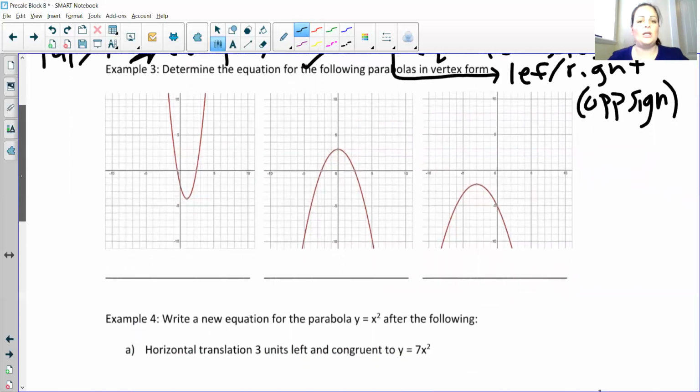Example 3, determine the equation of the following parabolas. Okay. So for this one, you have to look at how much did it move up, how much did it move over, and how much is it compressed. Okay.